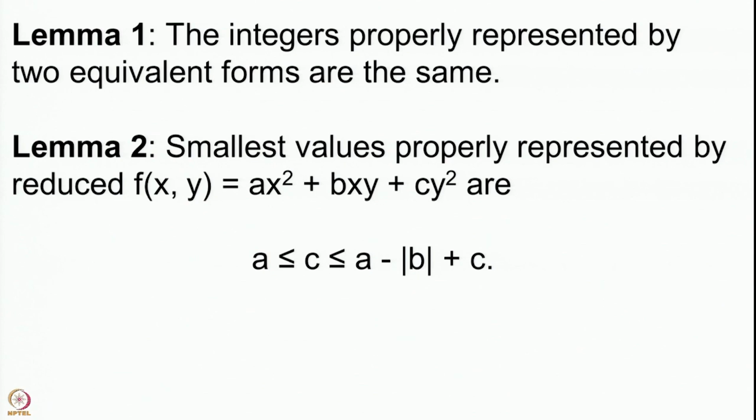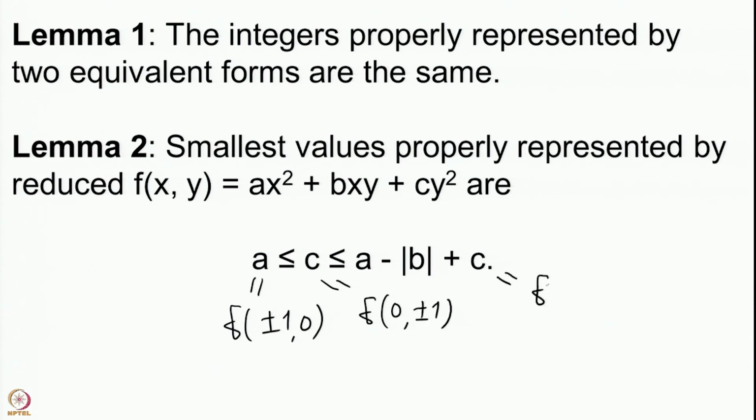You have A less than or equal to C, which is less than or equal to A minus mod B plus C. Here we see that our integer A is attained at plus minus 1 comma 0, C is attained at 0 comma plus minus 1, and this one is attained at f of plus or minus 1 comma plus minus 1. The sign for the last one will depend on whether B is positive or not.